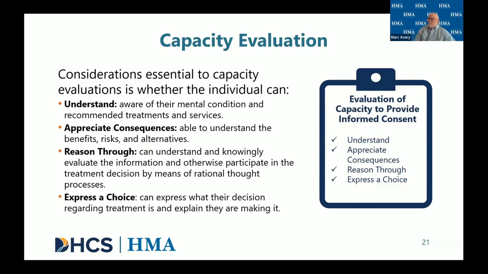That you document that the person understood and appreciated what all the educational material was, so they're able to understand the benefits, risks, and alternatives, and that they have an ability to reason through and can understand and knowingly evaluate that information. And then the final thing is that they're able to express a choice regarding their decision and explain why they are making it. So those 4 steps. So how do we actually do that?